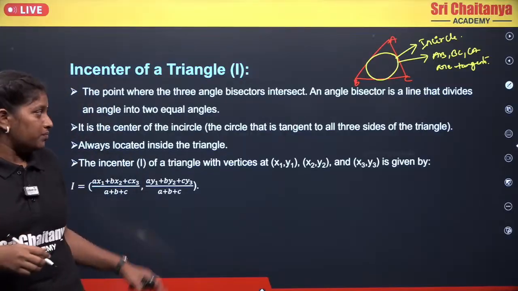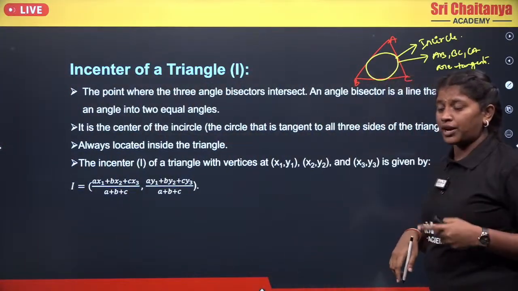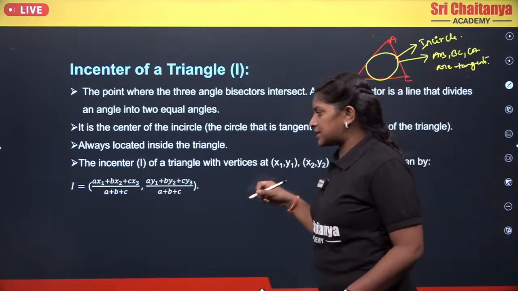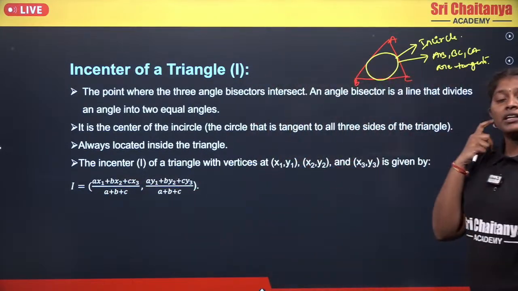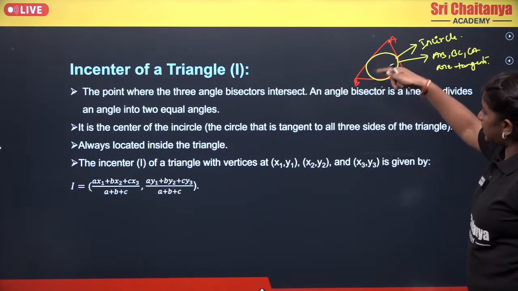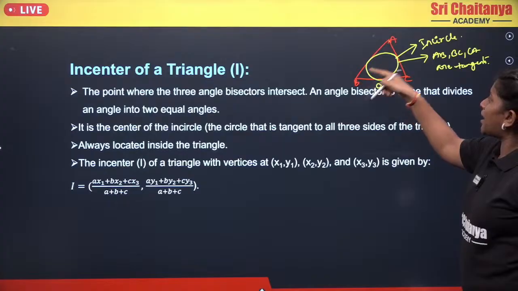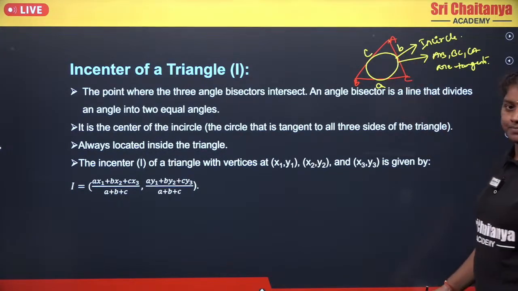Okay, now we have a formula in order to find the coordinates of the incenter. Here, how can we find the a, b, c values? The side opposite to vertex capital A will be small a, capital B will be small b, and capital C will be small c.